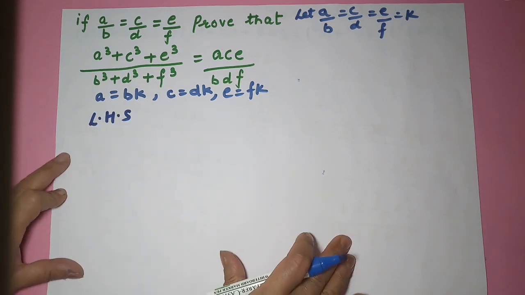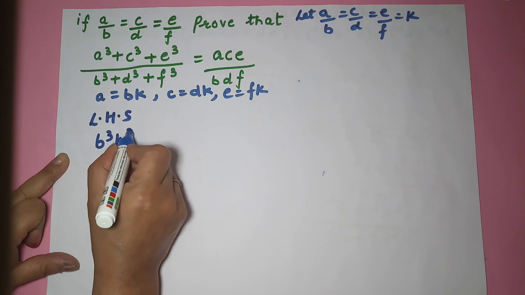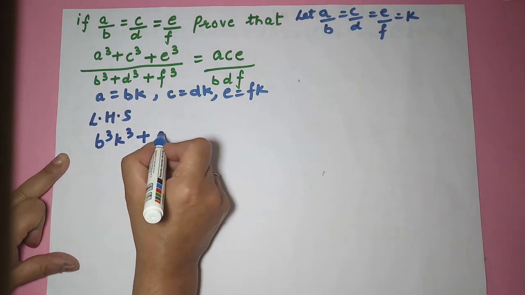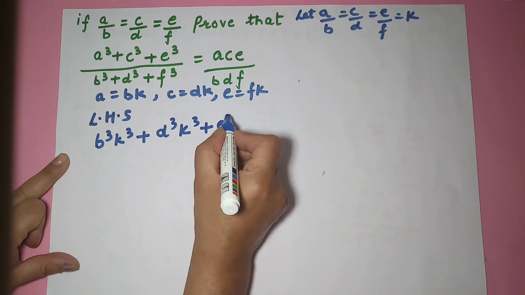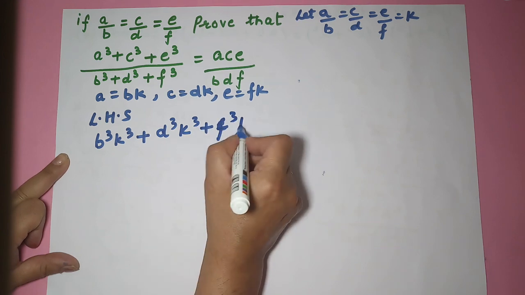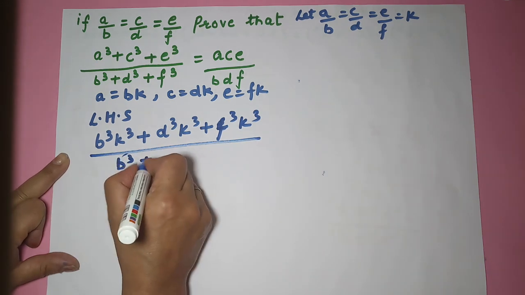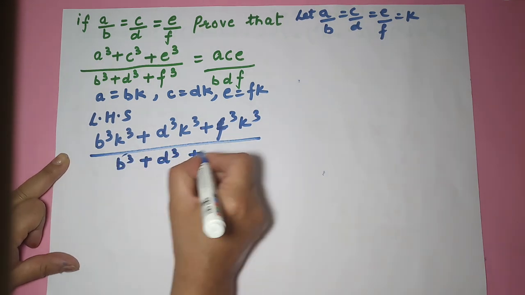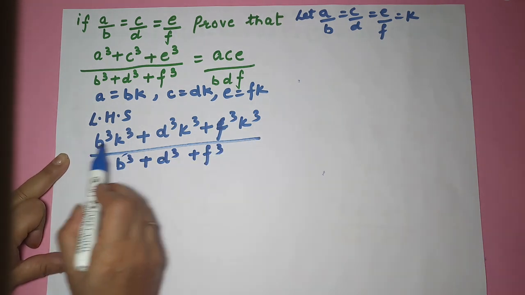What is my left hand side? A cube. So I can write B cube, K cube, plus C cube, that is D cube, K cube, plus E cube, that is F cube, K cube, and in the denominator I have B cube plus D cube plus F cube, right?